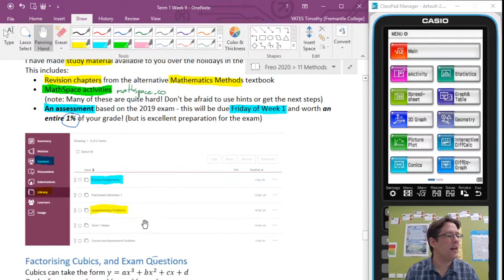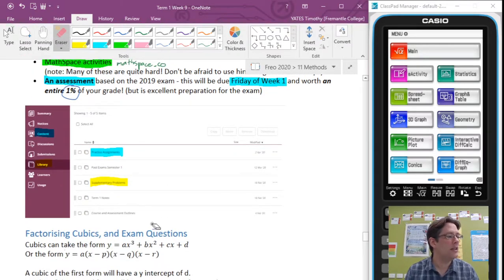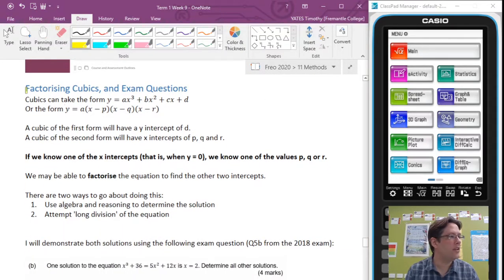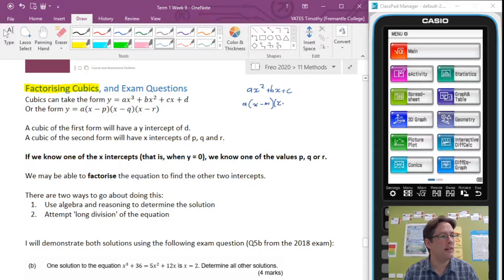Now, there is an important idea we need to have a quick little look at, and that is the idea of factorizing cubics. When we factorize something, let's say we're factorizing a quadratic, it will be ax squared plus bx plus c, and we will be factorizing it into the form a(x - m)(x - n), let's say that was y.